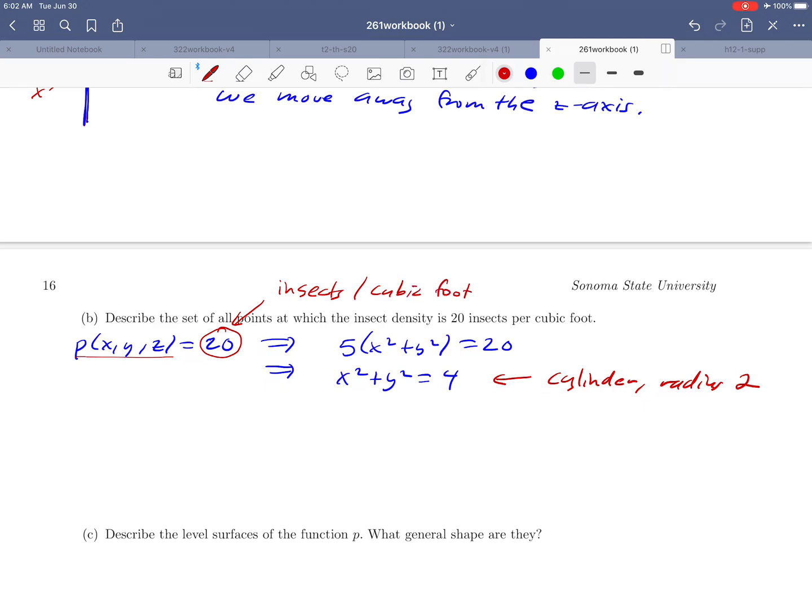So this cylinder that we came up with, you can think of it as the set of points in three-dimensional space where the insect density is going to be 20 insects per cubic foot. Let's see if we can put that into words. The insect density is 20 insects per cubic foot everywhere on this cylinder.